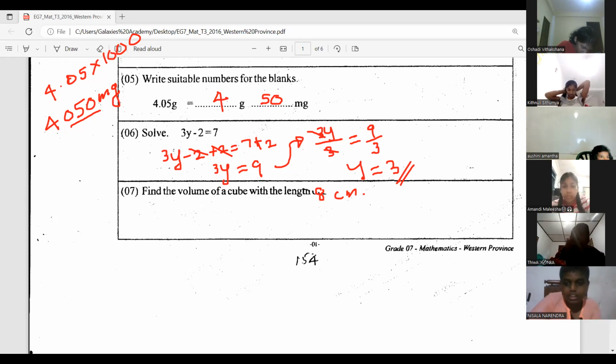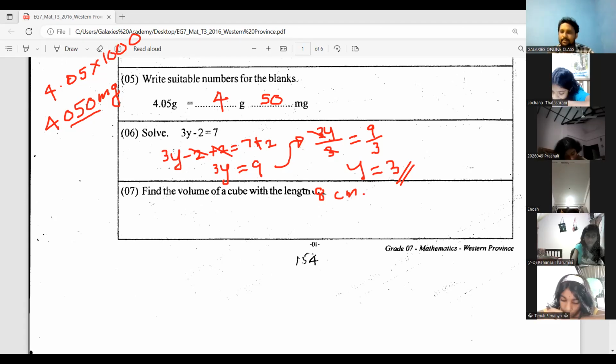Okay, can anyone who remembers this tell me? Volume. Height into breadth into length. Yes, the volume equals length into breadth into height. This is the cube and cuboid volume finding method.